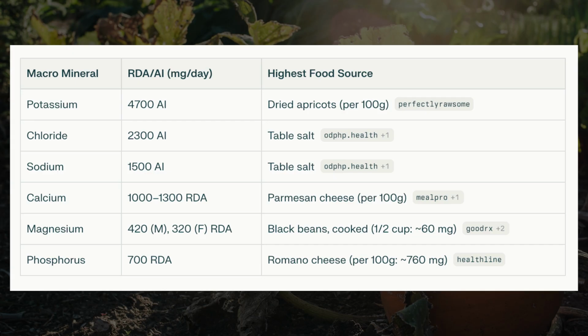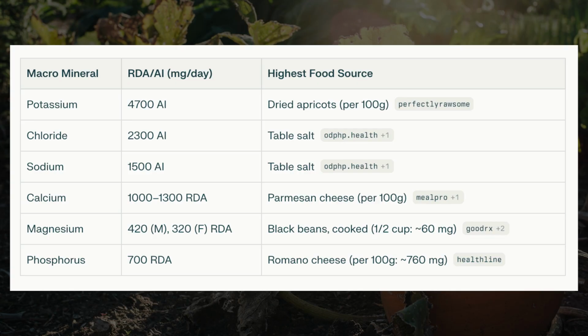It's more than twice the second highest mineral, chloride. So this is the rank order according to the recommended daily allowance of the macro minerals that one needs. And as you can see, chloride and sodium are predominantly coming from table salt. So this is pretty easy to get and pretty easy to dose.